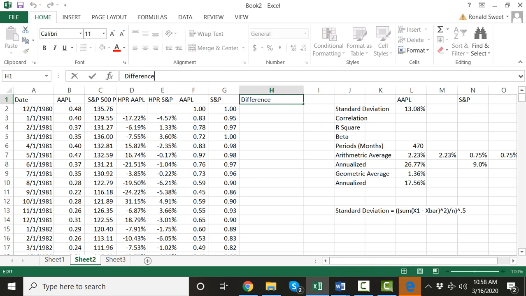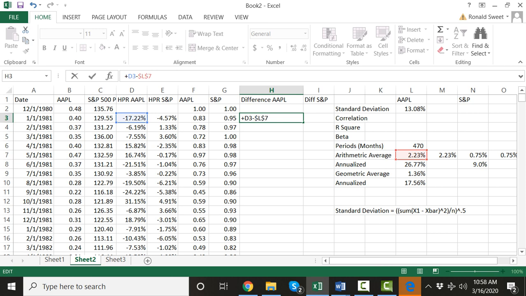And here's the difference for the S&P. So we'll take negative 17.22 minus the average, and you want to lock that in. So you want to make sure you have dollar signs, because we always want to subtract L7. So you want to put dollar signs on the L and dollar signs on the 7.